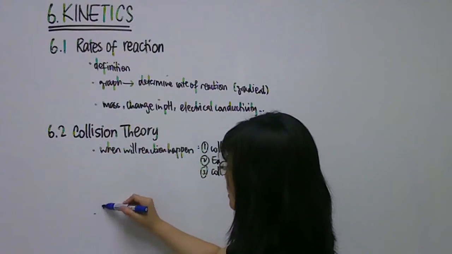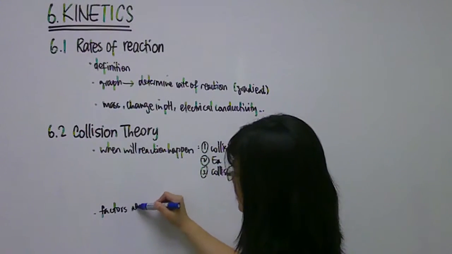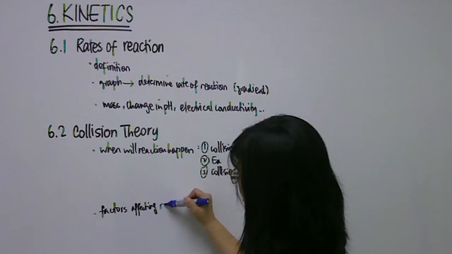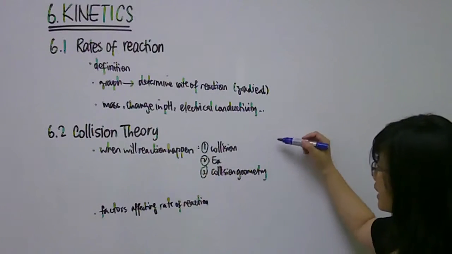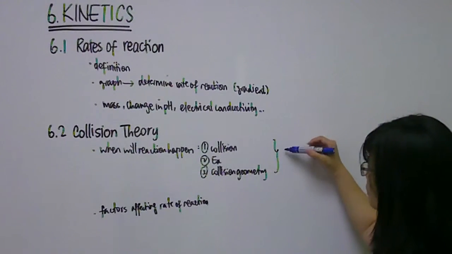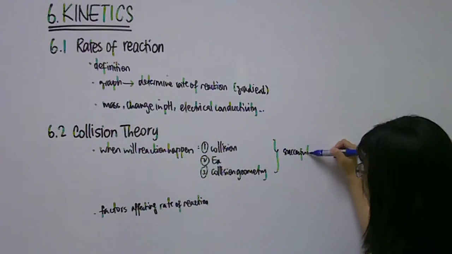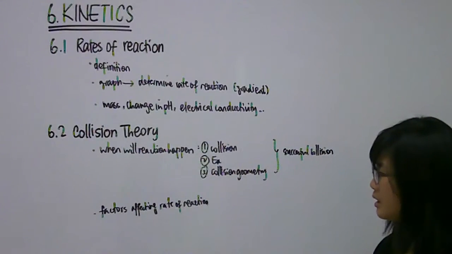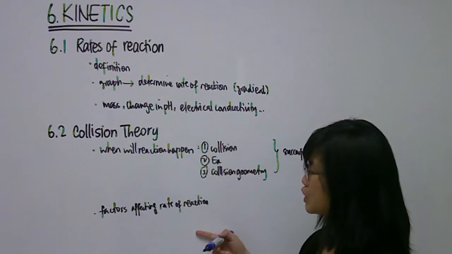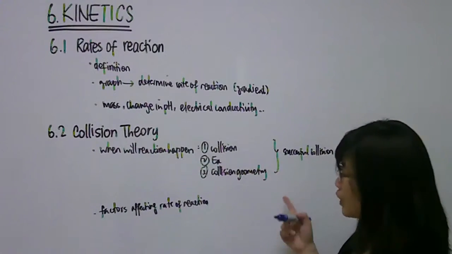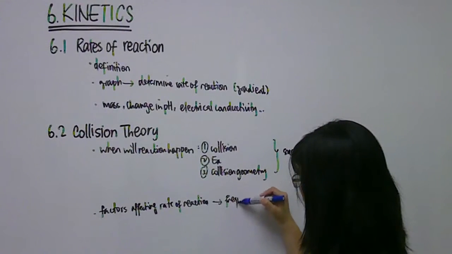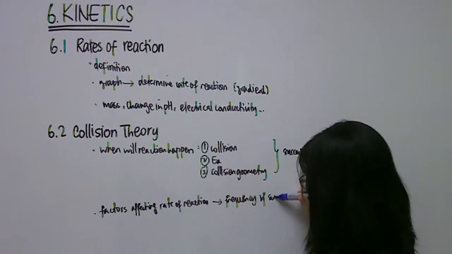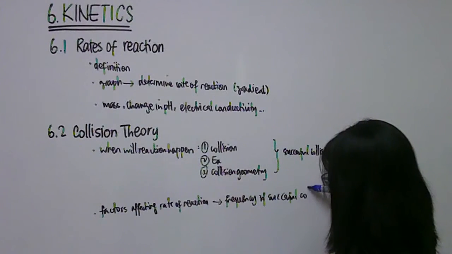And then you will need to explain about factors affecting rate of reaction. So a collision that fulfills all these three conditions will be called a successful collision. Because a successful collision will result in a reaction, the factors that affect rate of reaction will be factors that affect the frequency of successful collision.